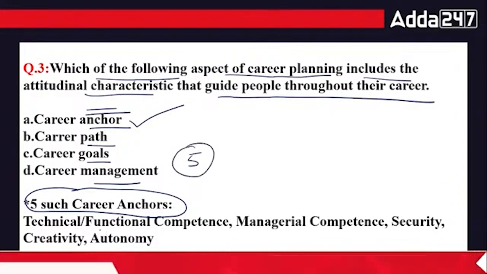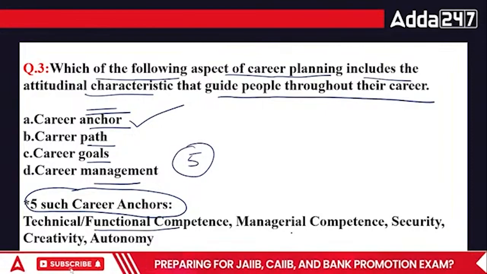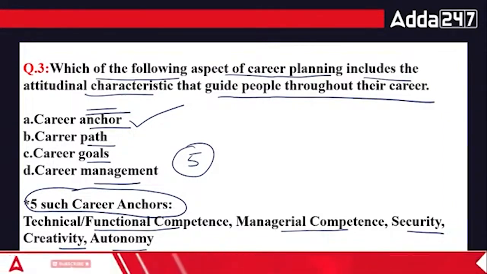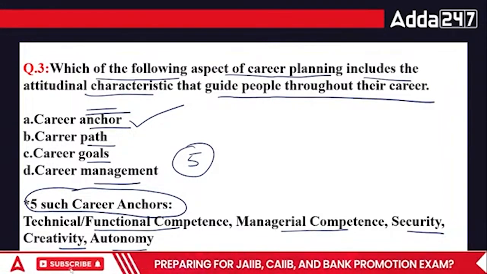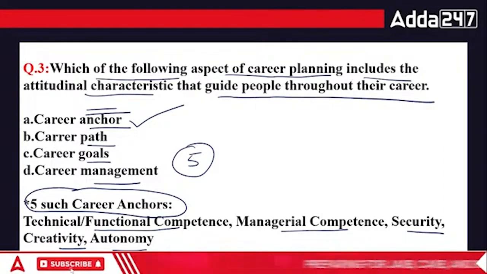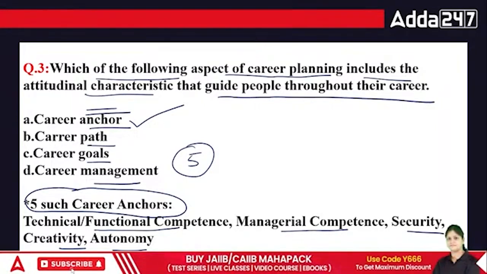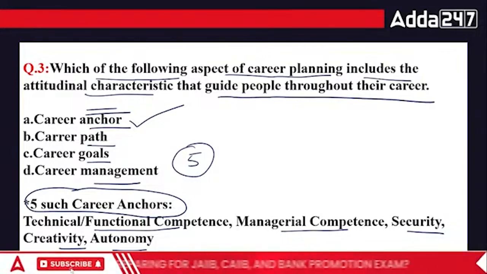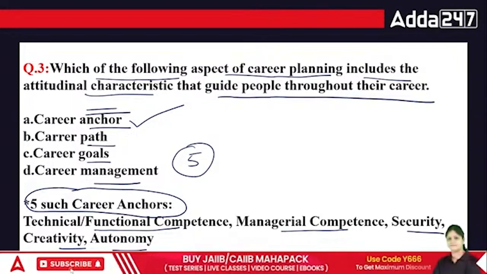Number 1 is technical and functional competence, then managerial competence, security, creativity and autonomy. Technical is the field in which you are in love, suppose coding. But managerial competence is what? You want to manage other people.